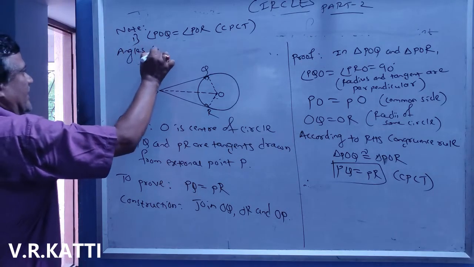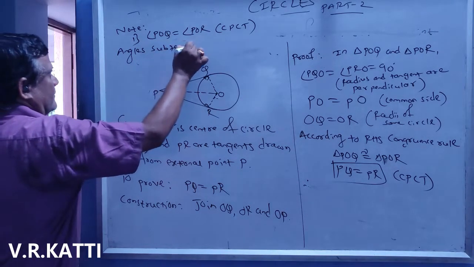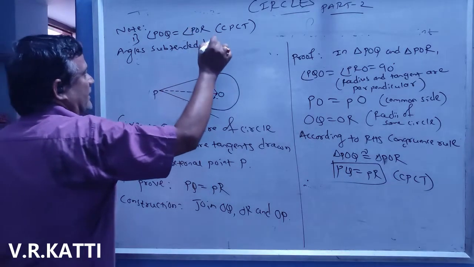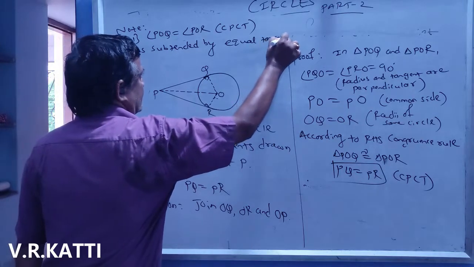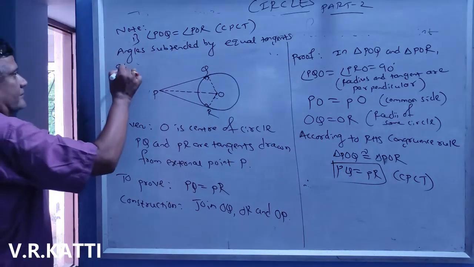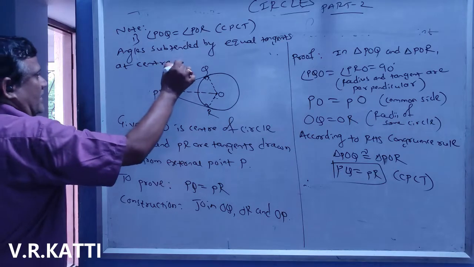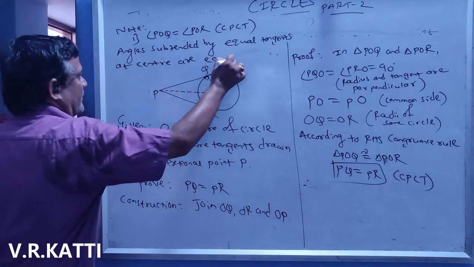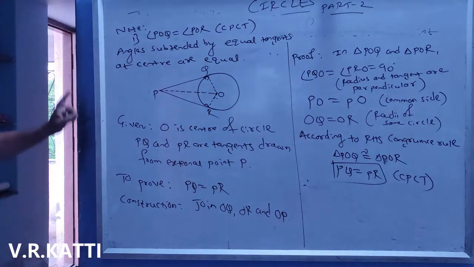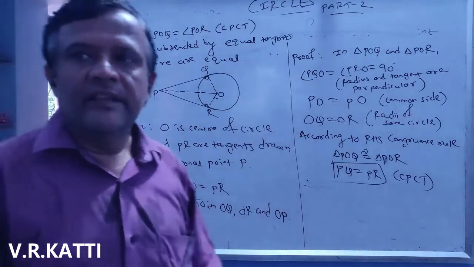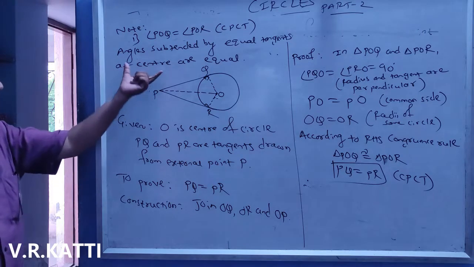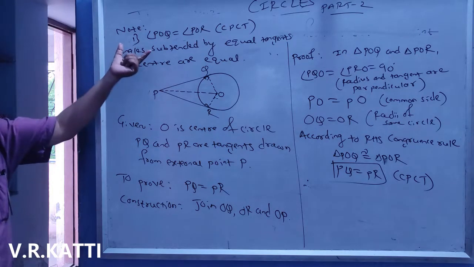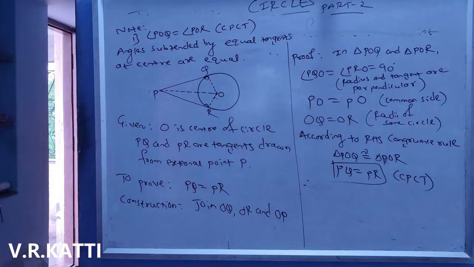Angles subtended by equal tangents at the center are equal. So this is the first point. Now note the second point.